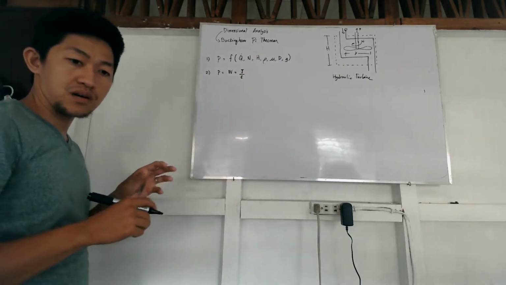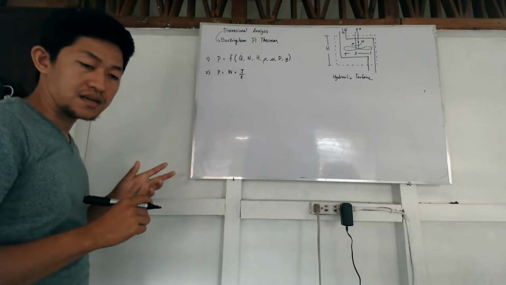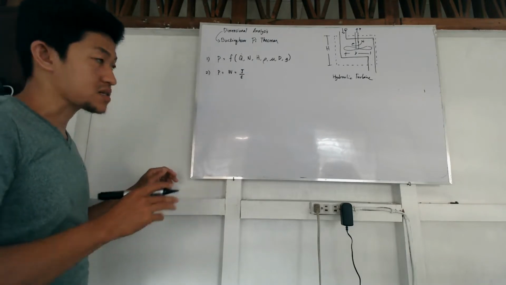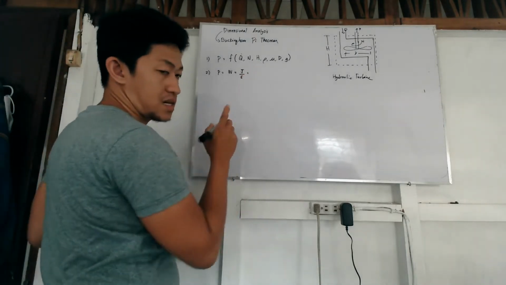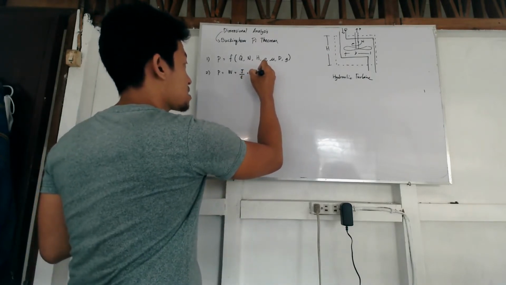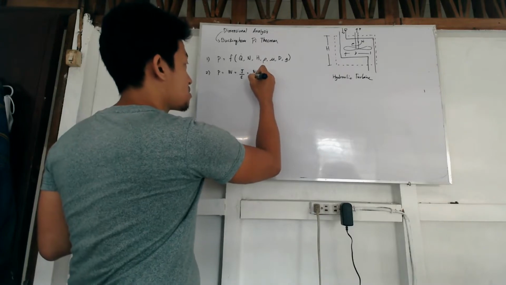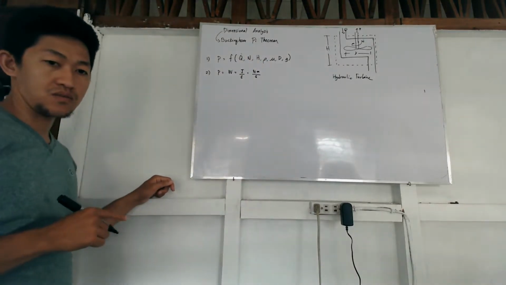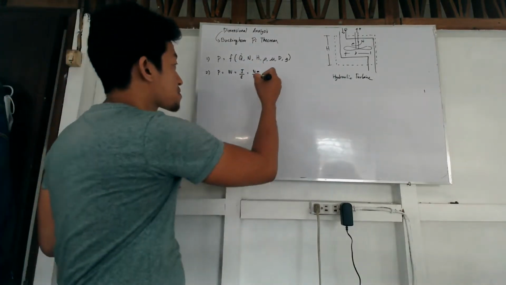But that is not yet fundamental, meaning the basic dimensions, because it can be reduced further: joule is Newton meter over second. 1 joule is 1 Newton meter.